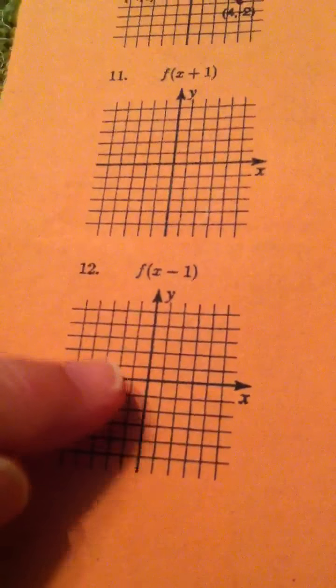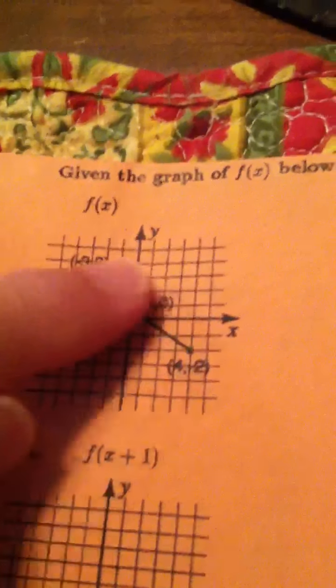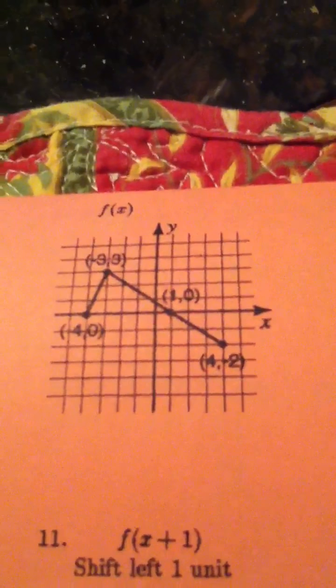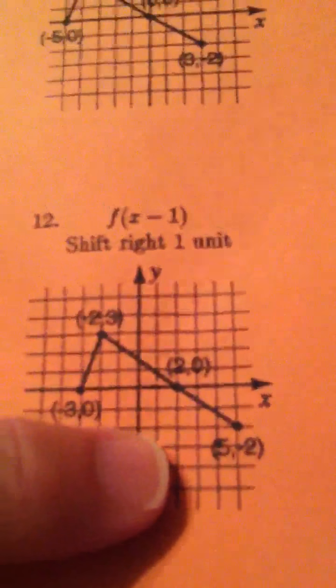So what you would actually do to get the answer to number 12 is take the original graph and slide the entire graph 1 to the right. So see what they did to come up with their answer for number 12 is they took the original picture and they moved it 1 to the right.